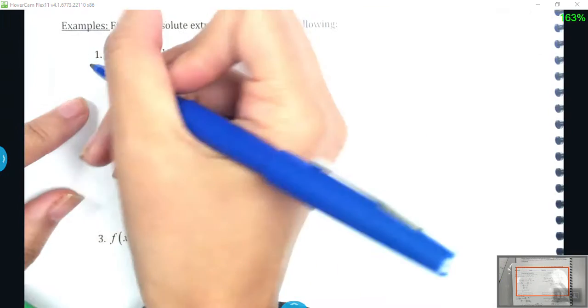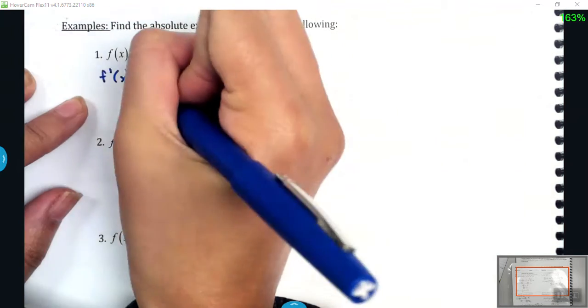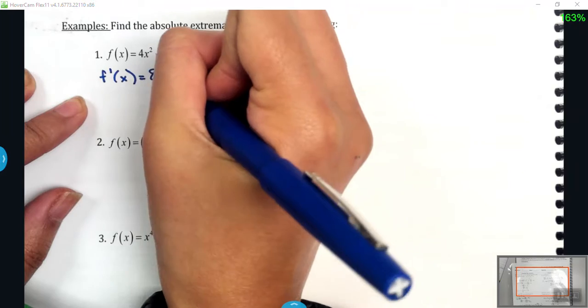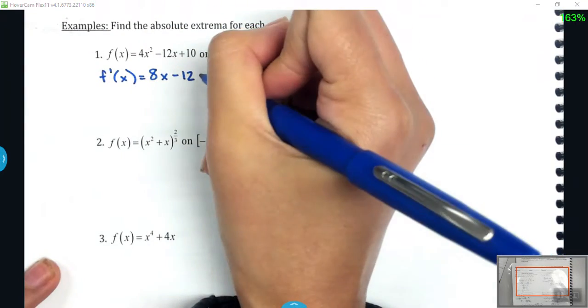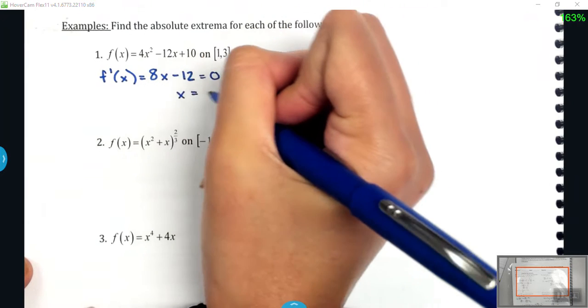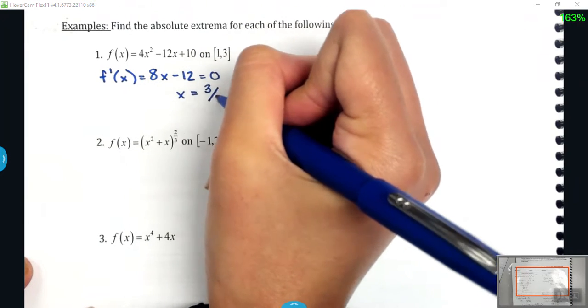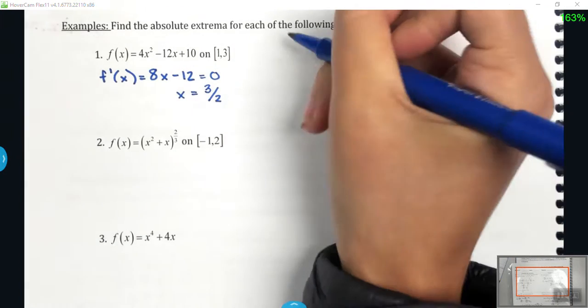So the first thing you always want to do is start by finding your critical values. So this would be 8x minus 12. And we set it equal to 0 because I want to find my critical values. So x equals 3/2. Okay, so our only critical value is x equals 3/2.